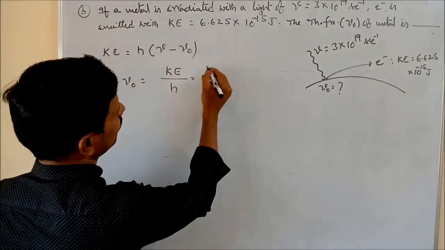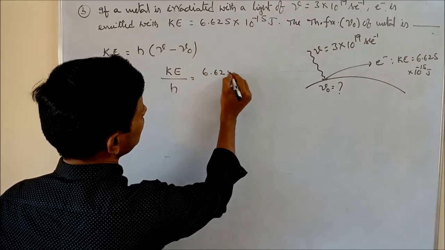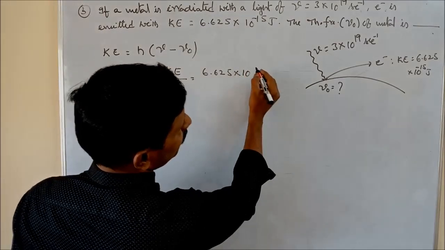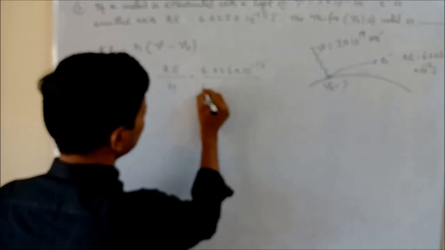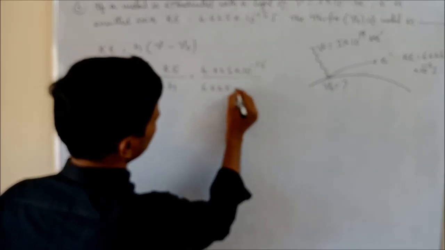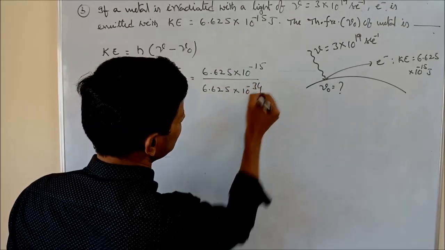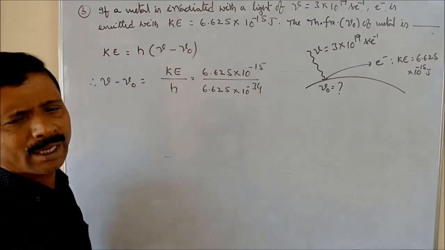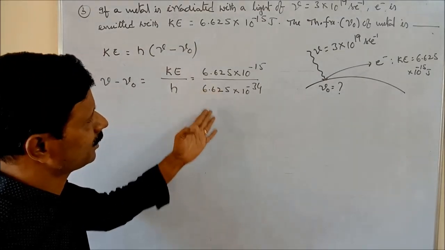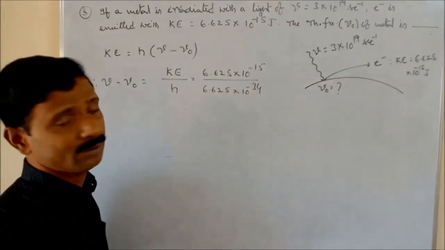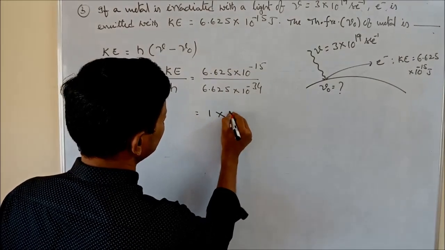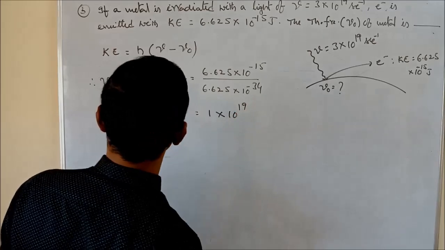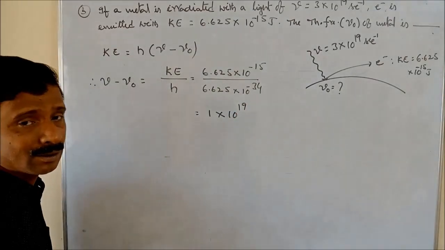Now substitute the values: 6.625 into 10 power minus 15 by the h value, 6.625 into 10 power minus 34 joule second. It is going to be cancelled, and finally we will get 10 power 19, that is 1 into 10 power 19. That is nu minus nu0.